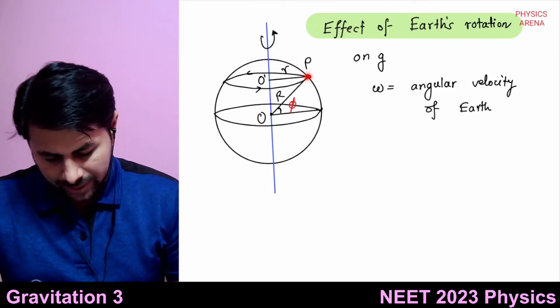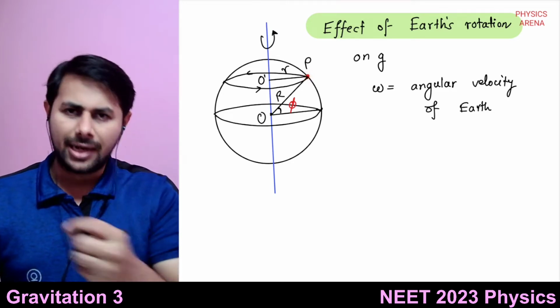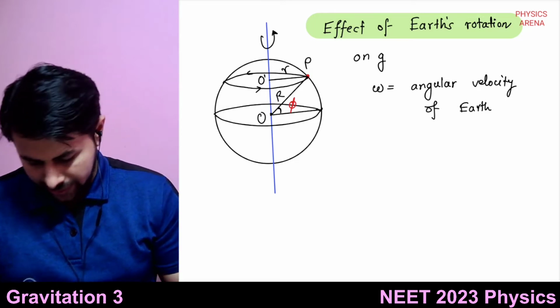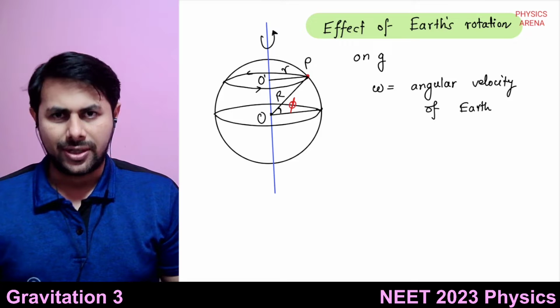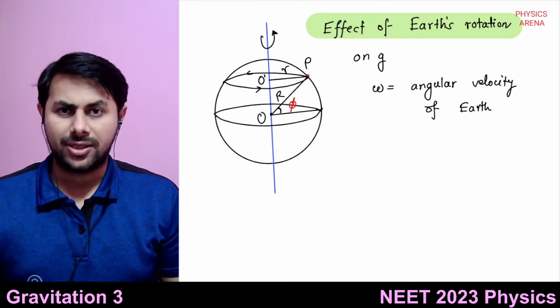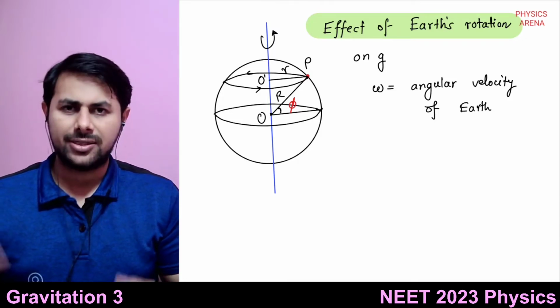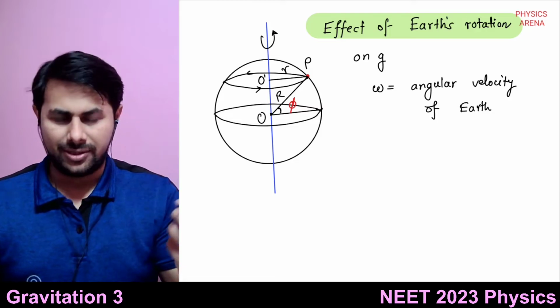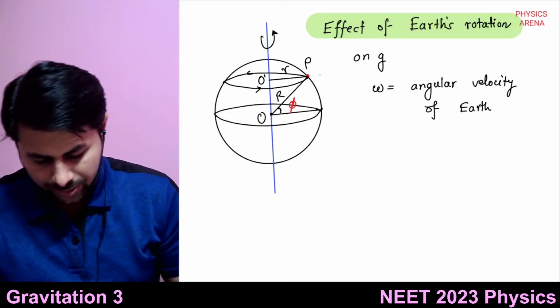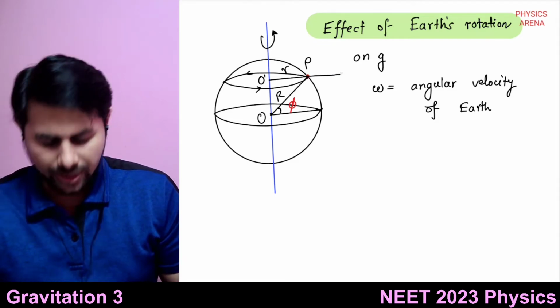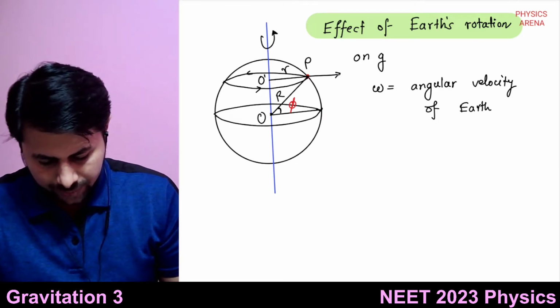For this particle, there is an outward force acting on it, which causes the outward acceleration. The person who is there will feel that there is some outward force acting on them, which we call pseudo force. Its magnitude is equal to m r omega square.